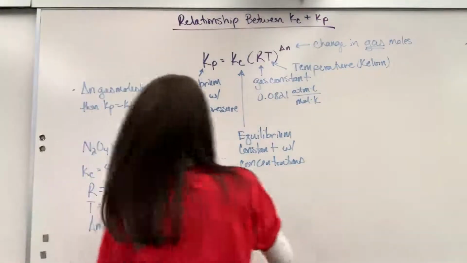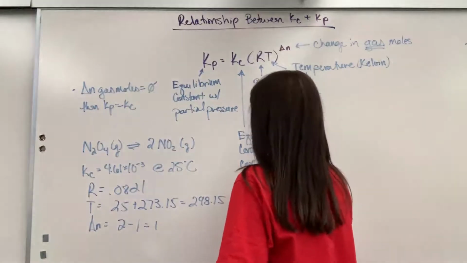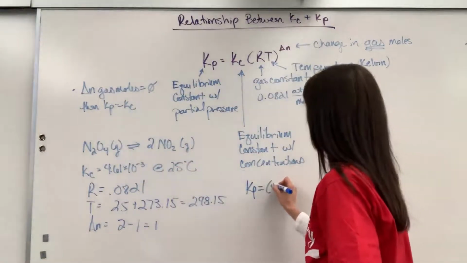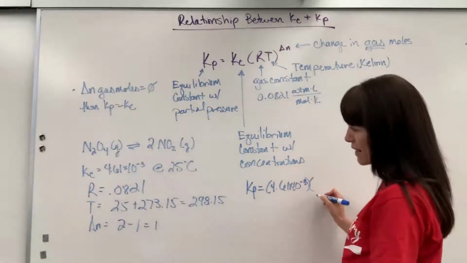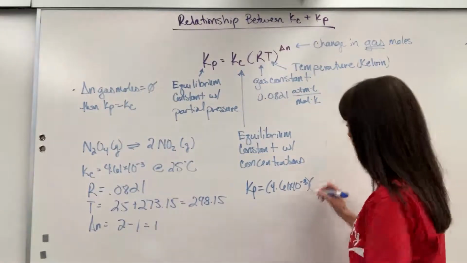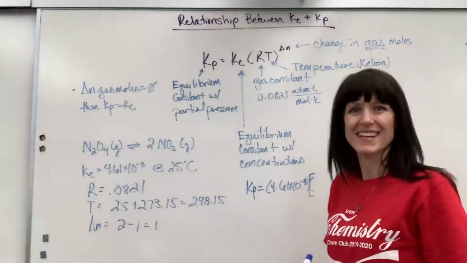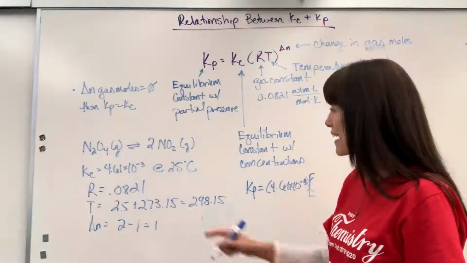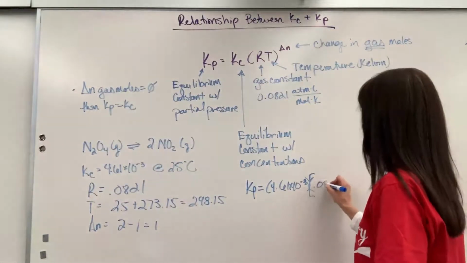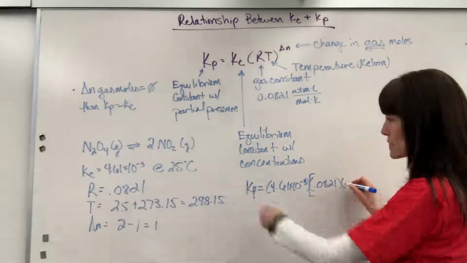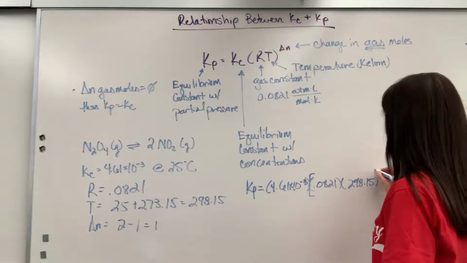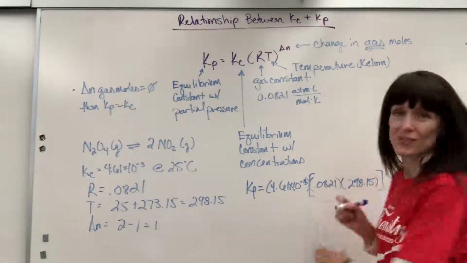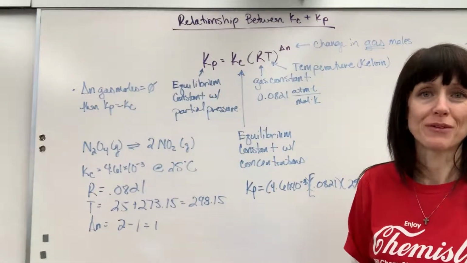So let's go ahead and plug in. Kp equals Kc, 4.61 times 10 to the minus 3, times, and I'm going to put this whole thing in brackets since we have to raise that to the exponent, 0.0821 times the temperature, 298.15, and that product right there is going to be raised to the power of 1.